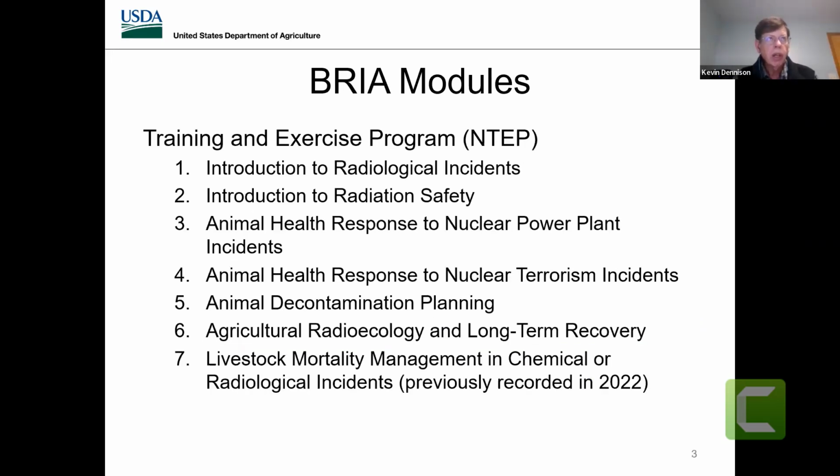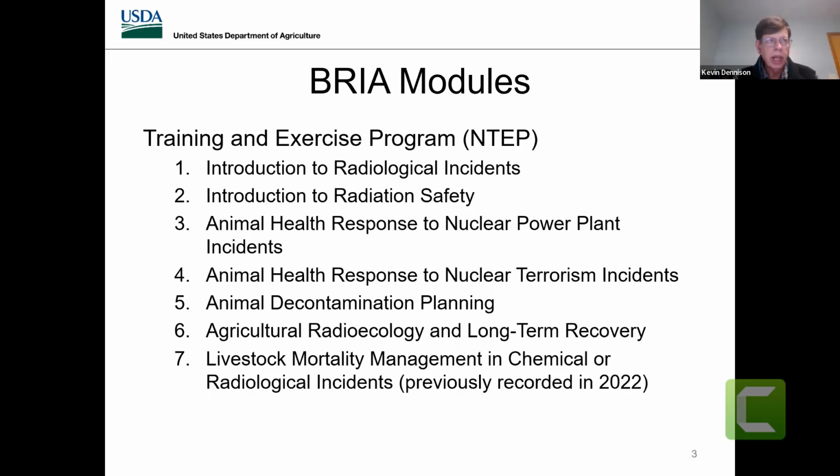The basic radiological incident awareness modules include an introduction to radiological incidents, which Dr. Corcoran presented previously. This one, and then we're going to look at response at both nuclear power plant incidents and in nuclear terrorism incidents. We're going to look at an overview of animal decontamination planning, and then agricultural radioecology and long-term recovery.